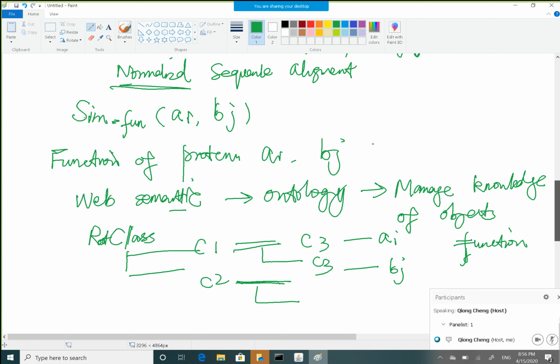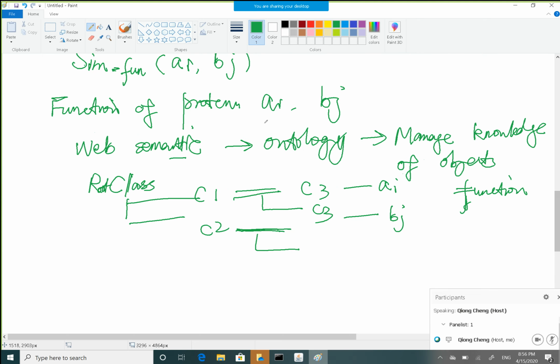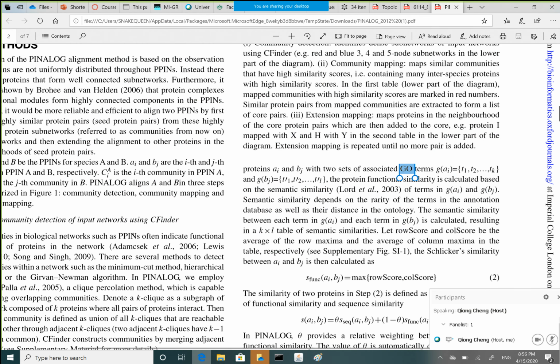So what they can do is see how many vertices belong here, how many specific proteins here, how many proteins here. This corresponds to the paper. Take a look at this one.